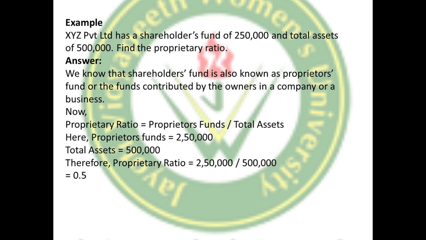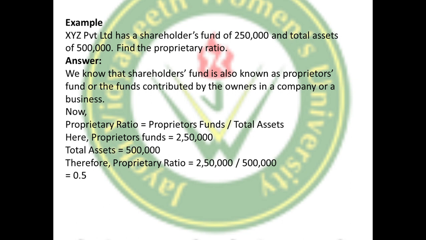XYZ Private Limited is the organization whose shareholders' funds are 2,50,000 and total assets are 5 lakh. Now, with the help of this information, we have to calculate the proprietary ratio.